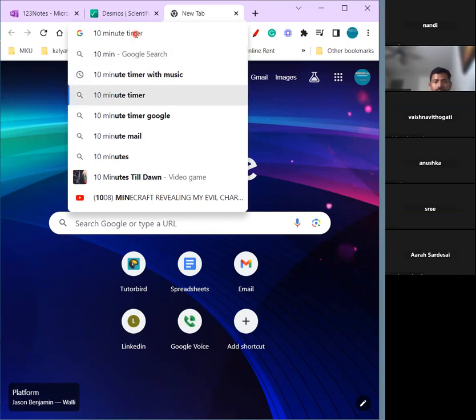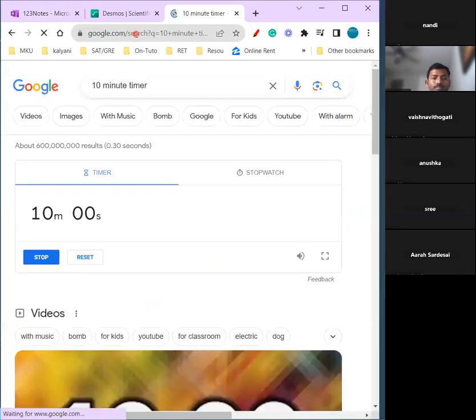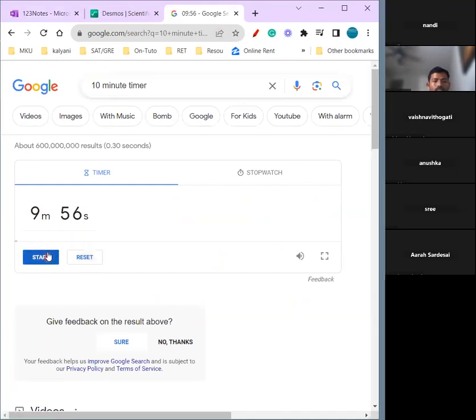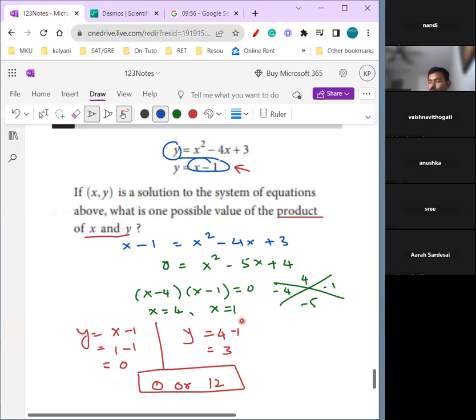How did you get 12? It's 0 or 12. What is the question asking? Product, right? x times y.